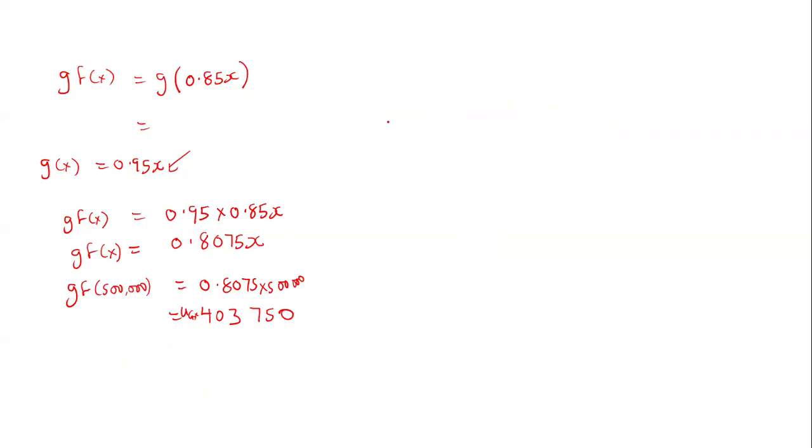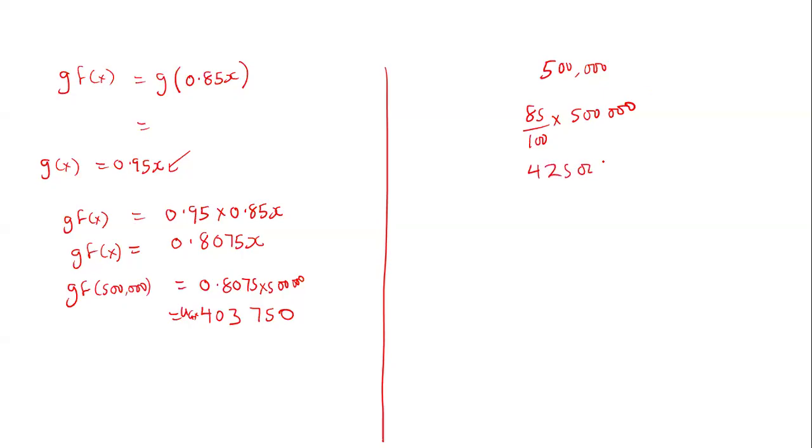So here, I know some of you say, what if we had done it using the manual way without functions? Remember, you can use it just to prove your answer. Initially, it was 85%. That means it would have been 85 out of 100 times the 500,000. So when you get that, 85 divided by 100 times the 500,000, she would pay 425,000.